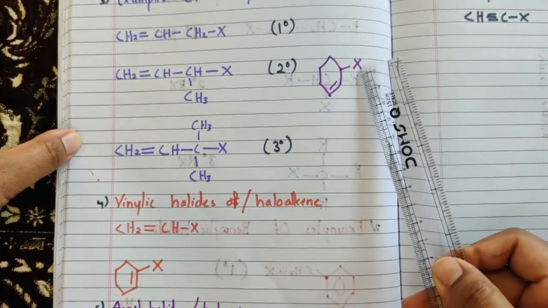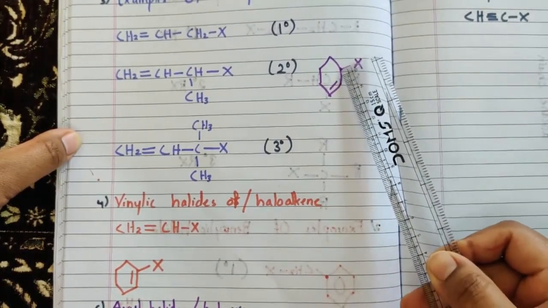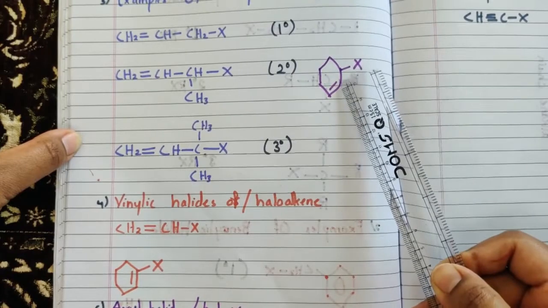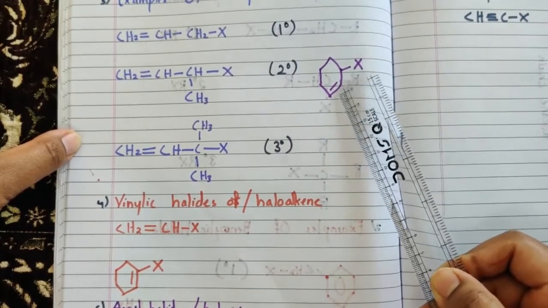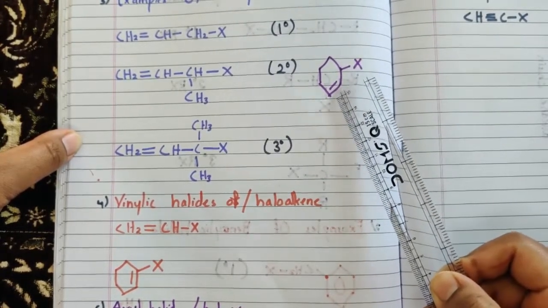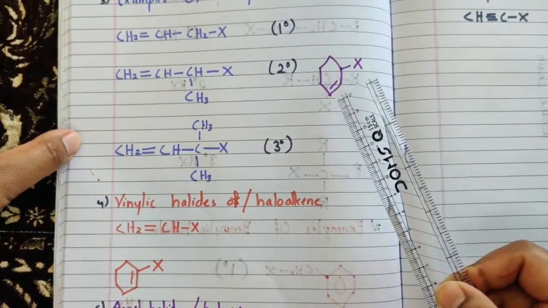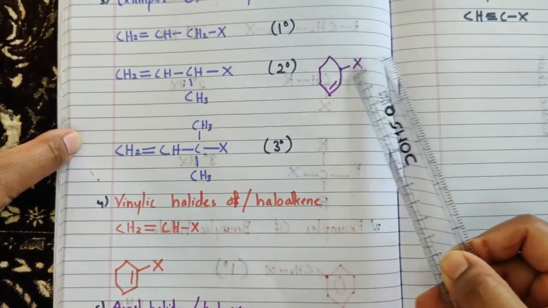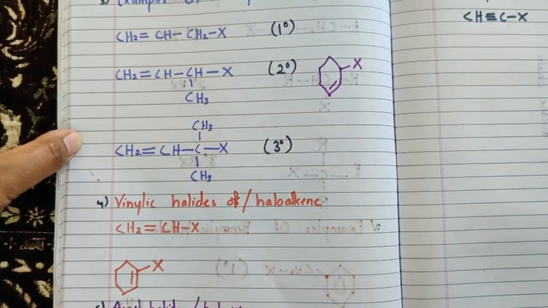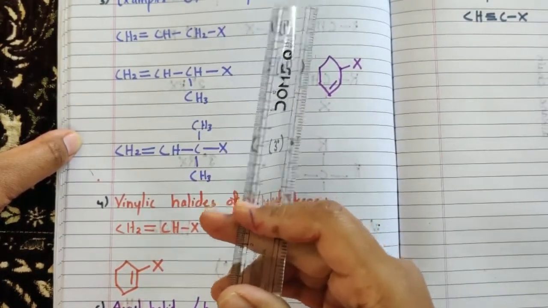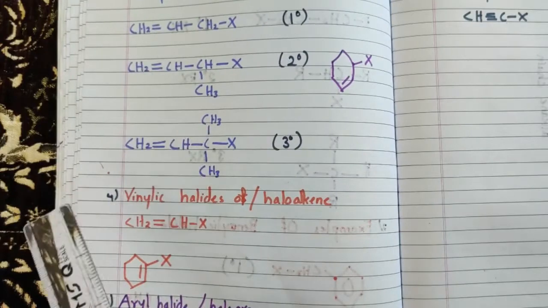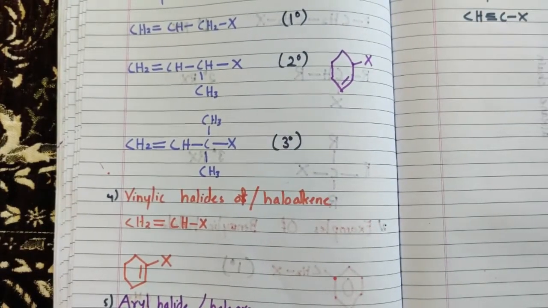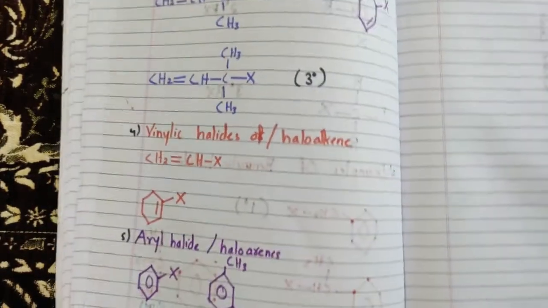Here you can see the halogen atom is bonded to a carbon which is bonded to a doubly bonded carbon atom. Okay, so it is not an aromatic compound but a cyclic alkene to which a halogen is added. So allylic halides are what? Your haloalkenes.